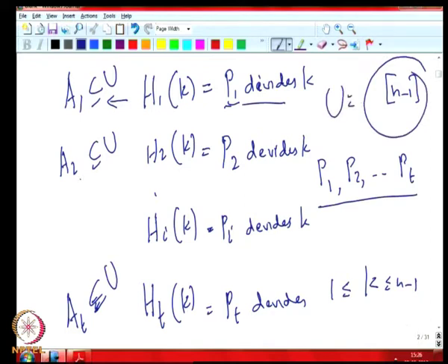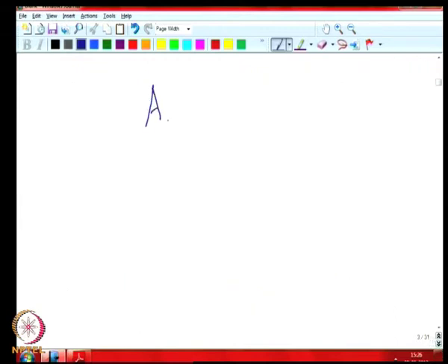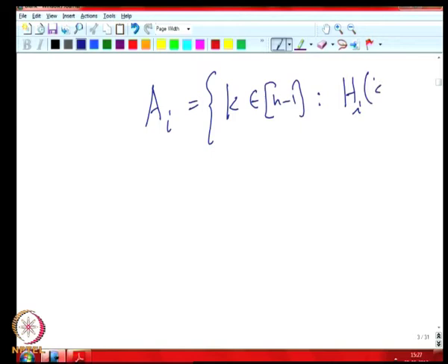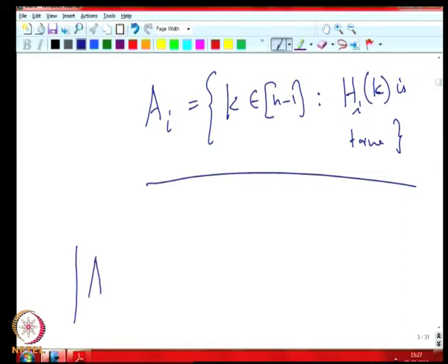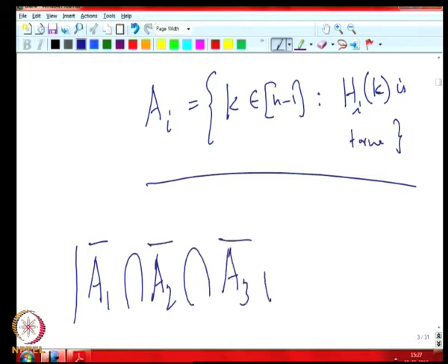So ai is the set of numbers from the universe such that those numbers satisfy the property, that is, hi of k is satisfied. Now it is very clear that what we are looking for is the cardinality of a1 complement intersection a2 complement intersection a3 complement intersection up to at complement.